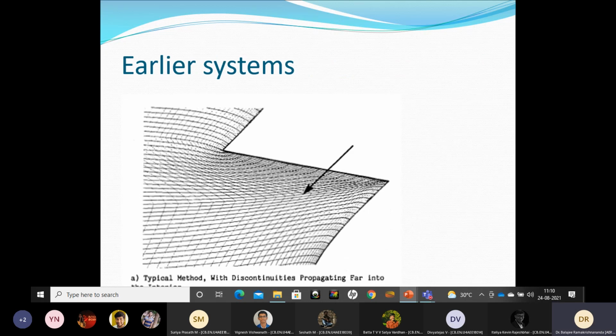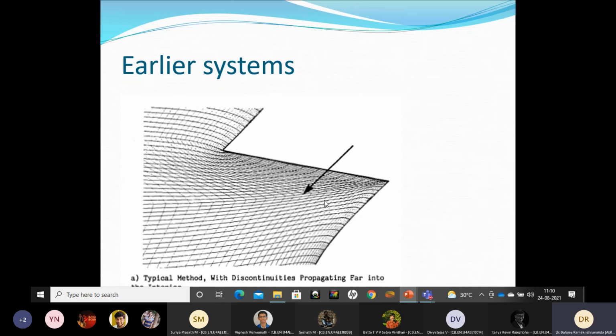Then earlier, without this blocking, you can see that even this will have some curvature effect, without multi-blocking. Near these sharp corners, you see the grid is like this, and suddenly it is moving in the other direction. There seems to be some skewness also in this area.